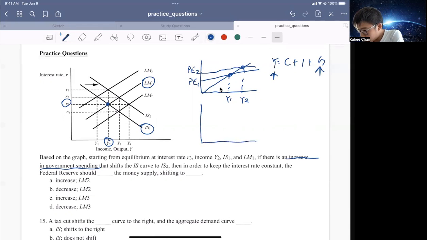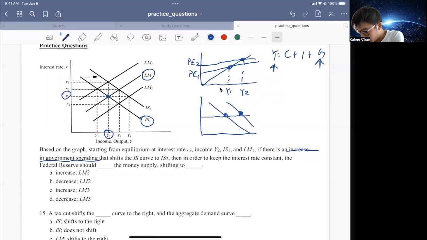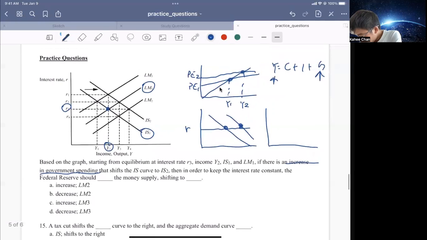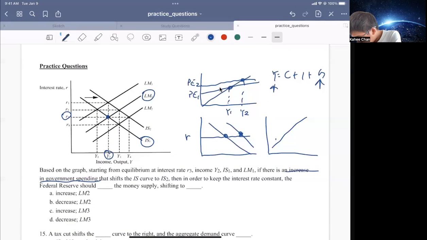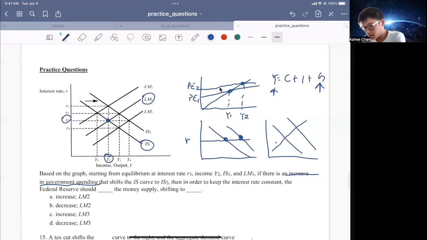In this case, we can see a shifting of the IS curve, right, for the given same R interest rate. So the IS-LM model right here.